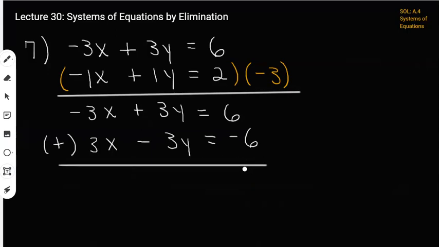And we'll add up the x terms, the y terms, and the regular numbers. -3x plus positive 3x is going to give you 0x. 3y plus -3y is going to give you 0y. So the y terms also cancel out. And then 6 plus -6 is also going to give you 0.